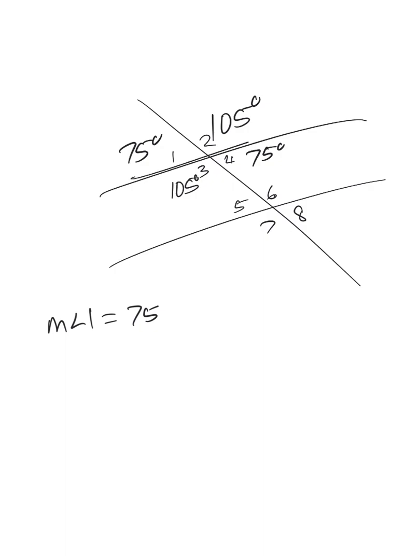Well, a straight line is 180 degrees. Angle 5 is corresponding with angle 1, so it's 75. Angle 8, 75. And then linear pairs.